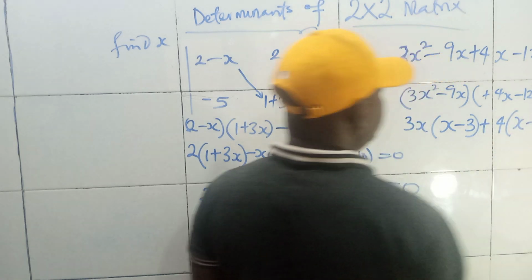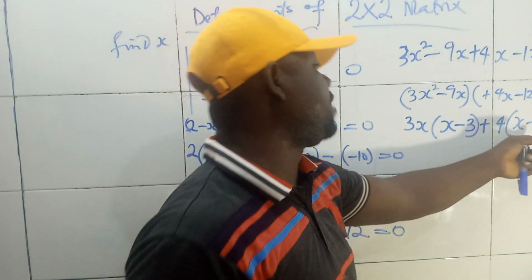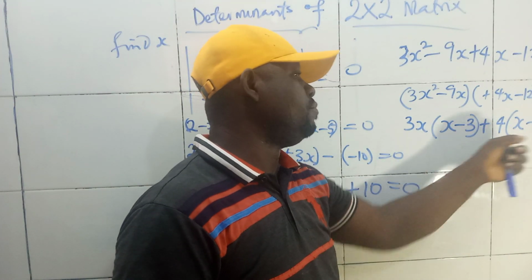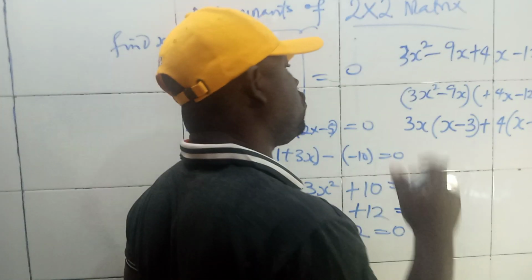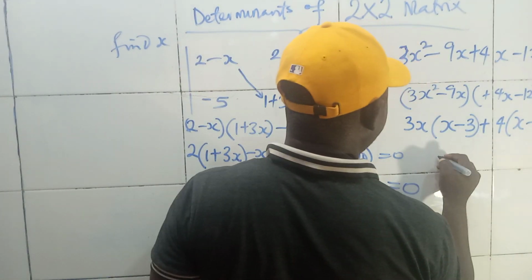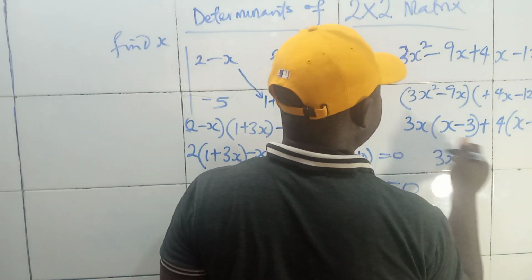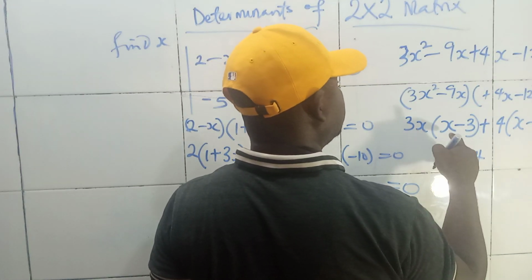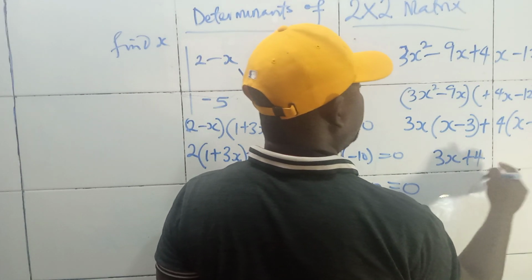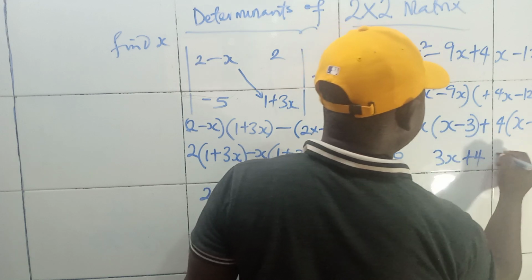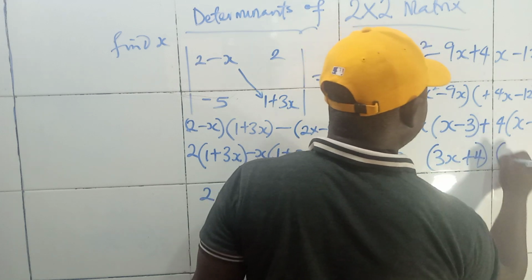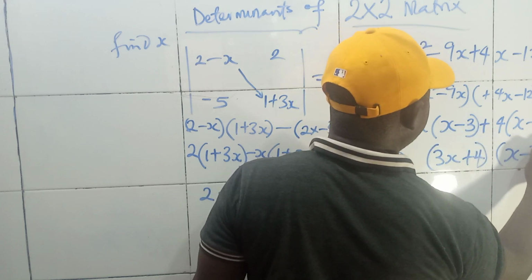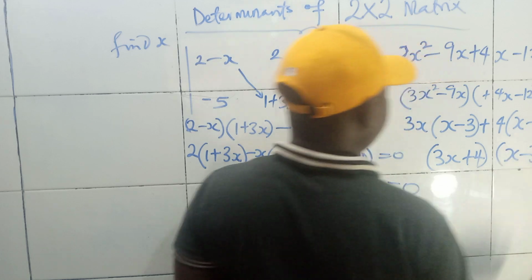So everything is equal to 0. So by the time you compare, the brackets must be the same. So you pick one out of the brackets. So you have 3x plus 4, then you close the brackets. You have x minus 3 is equal to 0.